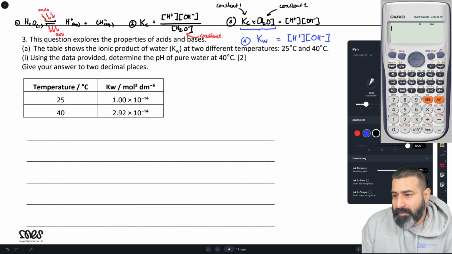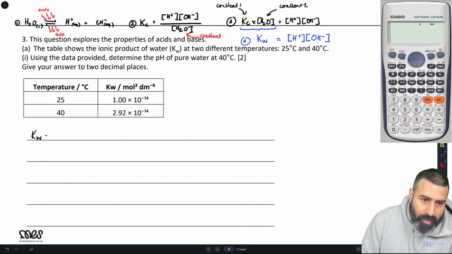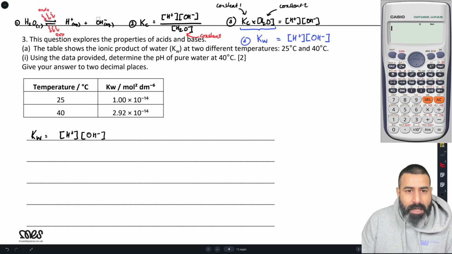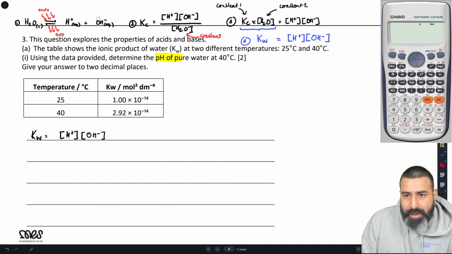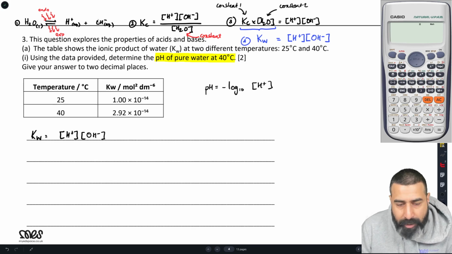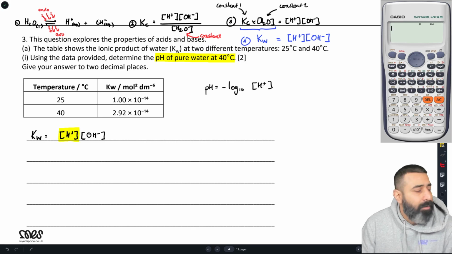So let's see if this is true. We're going to use Kw, and then think about what we're trying to work out. Okay, so the question is asking me to calculate the pH of pure water at 40 degrees. And then I've got to remember that pH is a measure of the hydrogen ion concentration. So I'm trying to work out this term here, the H plus term.